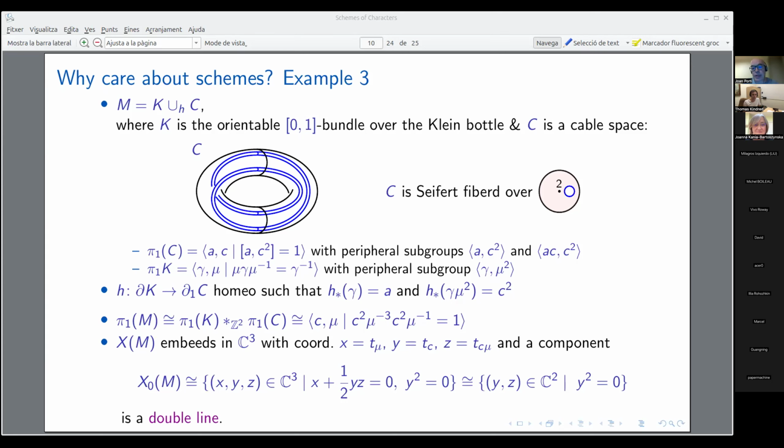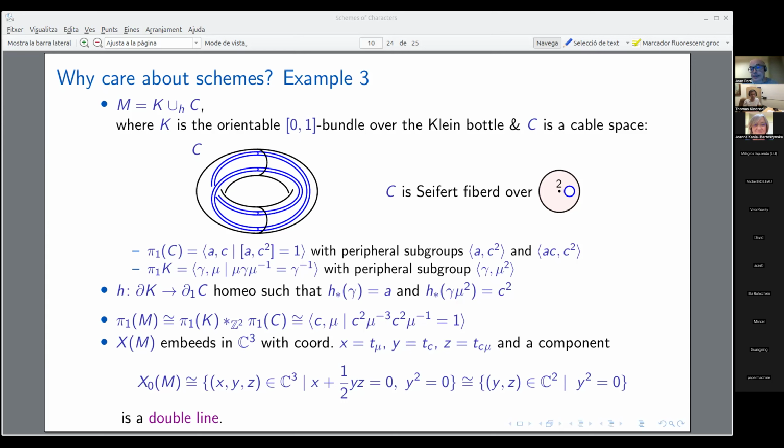We apply our algorithm and so on. It has two generators, so it embeds in C^3, because you just need three elements: the traces of the two generators and of the product. Applying the algorithm, you get a lot of components, but one of the components is that one. And if you look, X is just a polynomial in Y and Z.